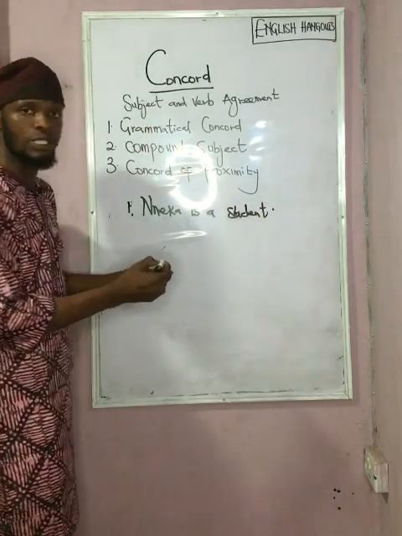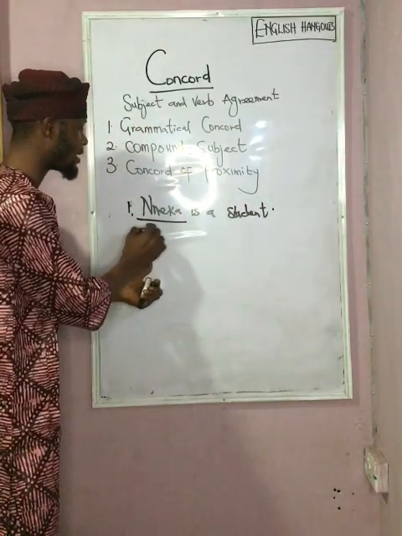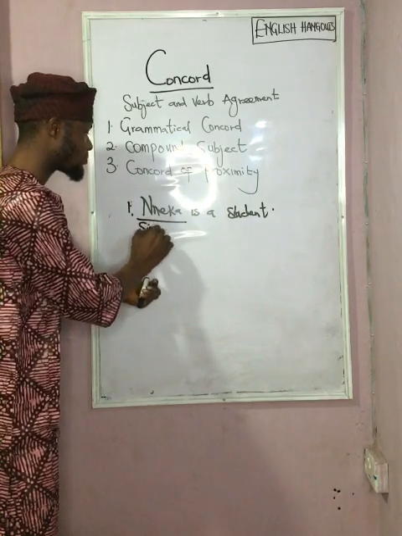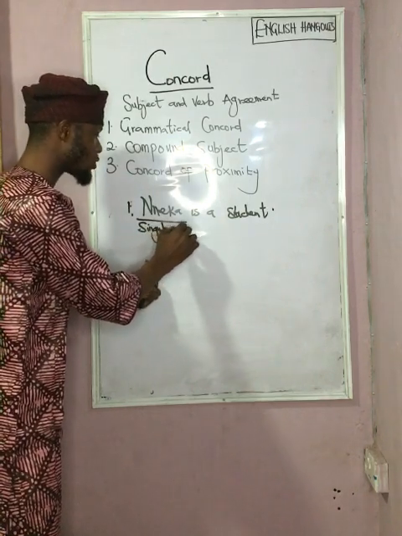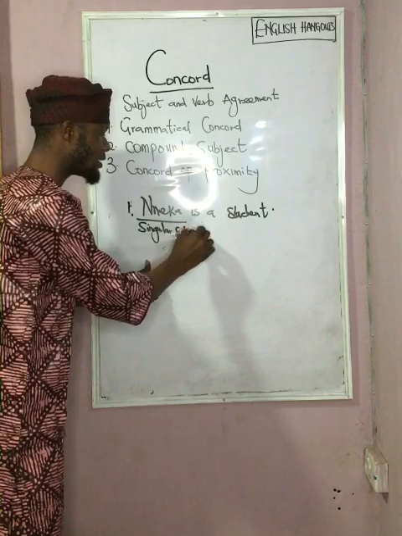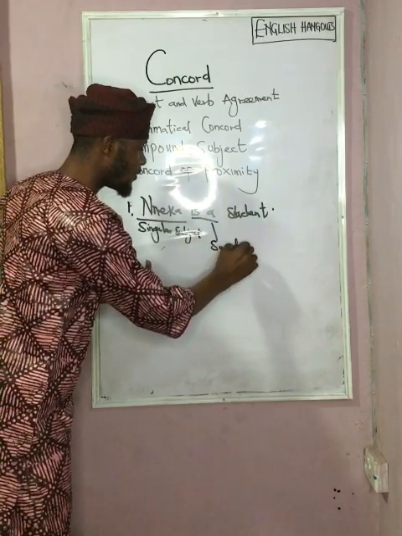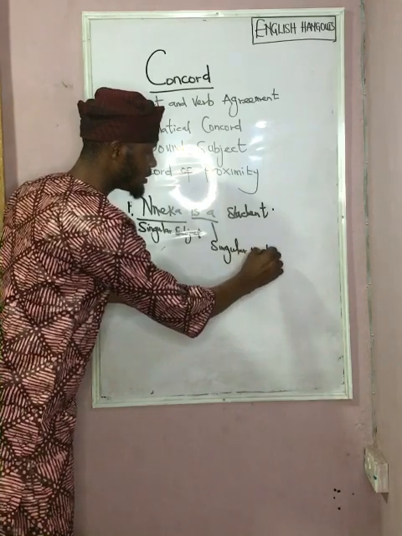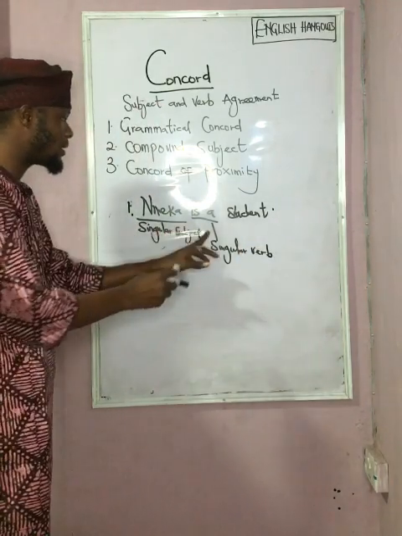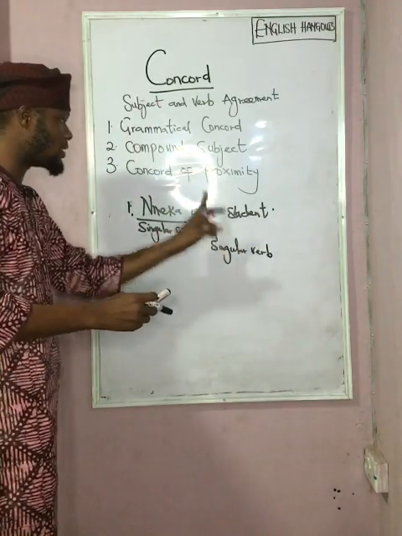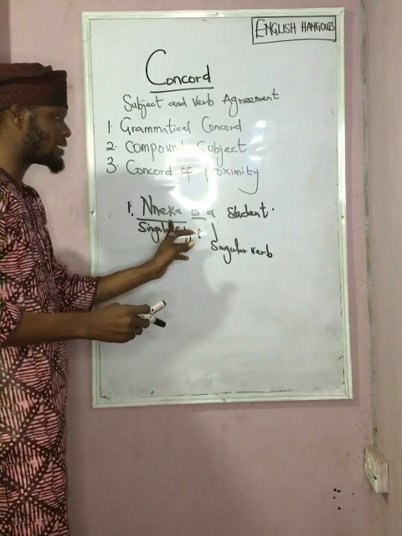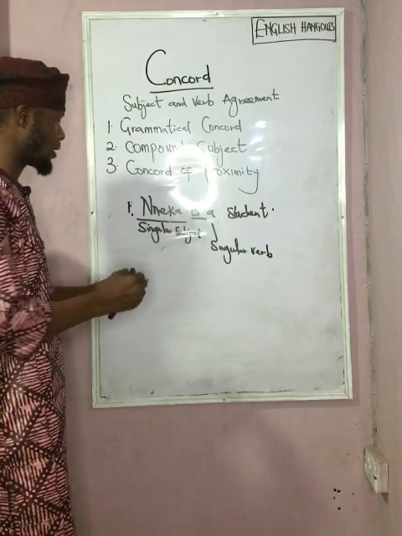Nneka here is a singular subject. Is here is a singular verb. Therefore, the verb here, which is is, agrees with the subject of that sentence, which is Nneka.